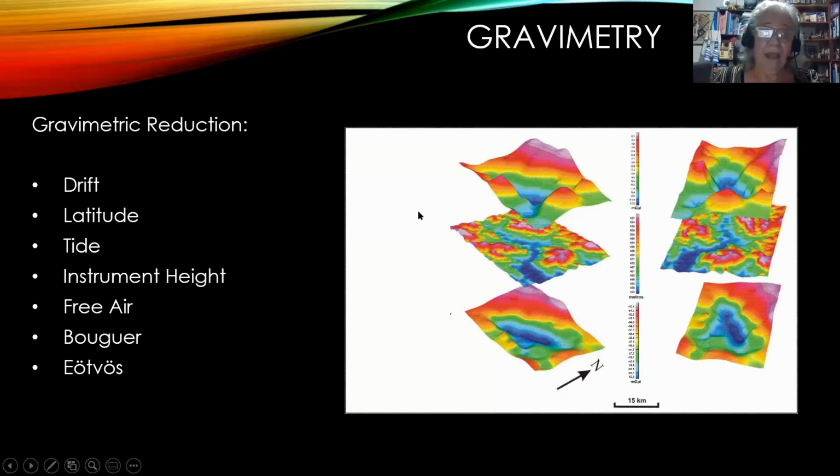Talking about gravimetry, we have several reductions to apply to the data: drift reduction, latitude correction, tide correction, correction for the instrument height, and then you calculate the free air Bouguer. And also, when a moving platform is used, you calculate the Eötvös correction.